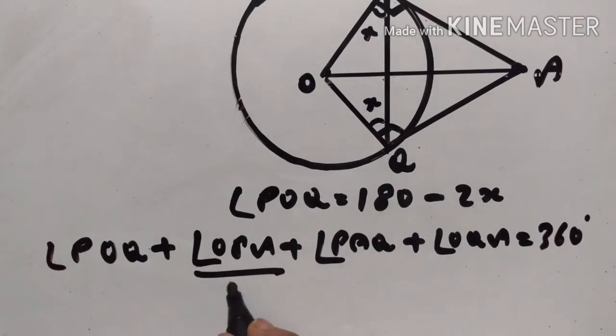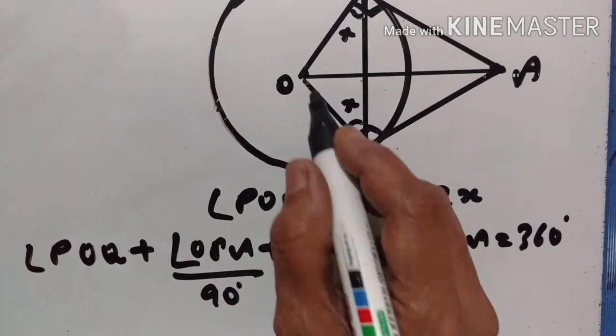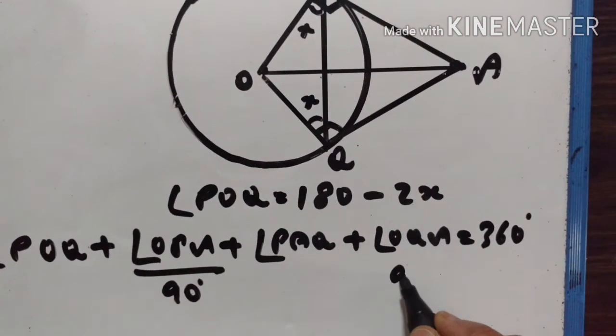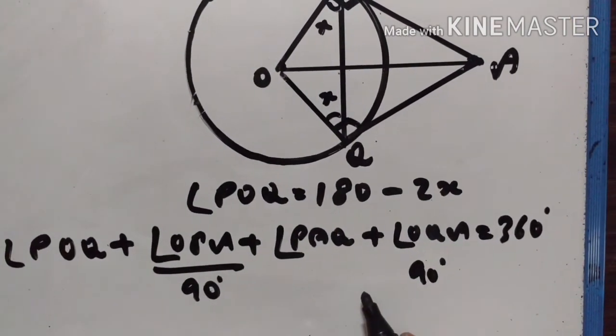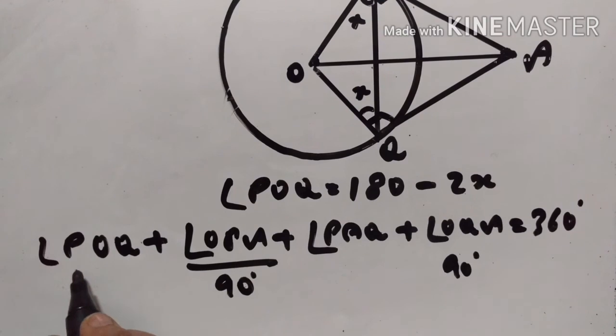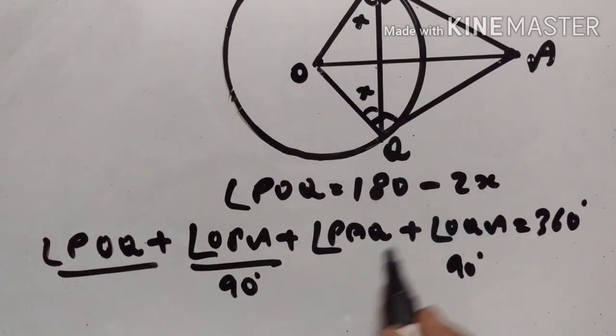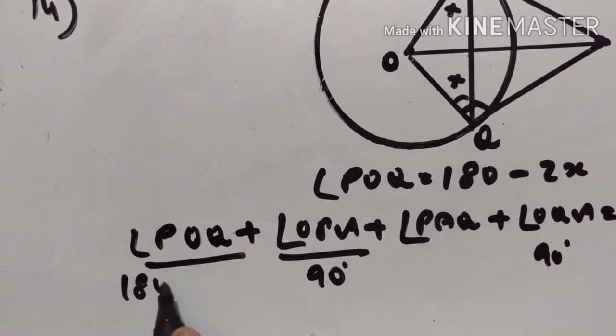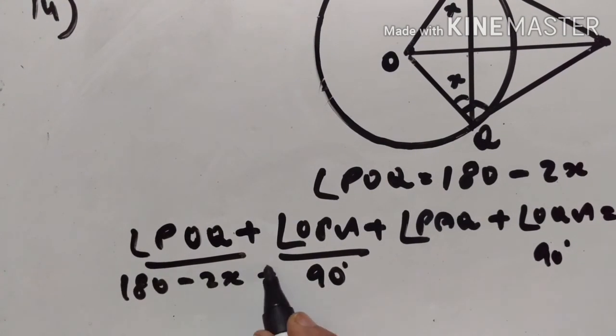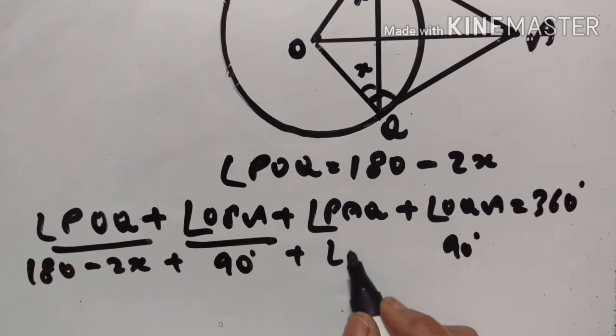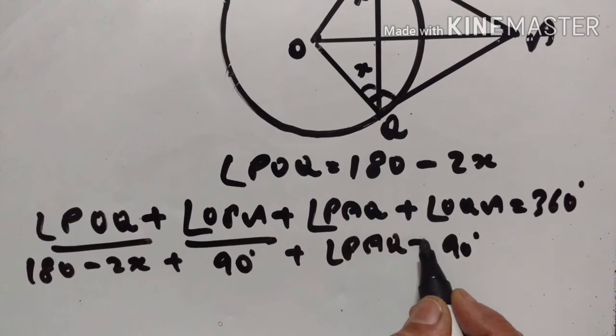Now OPA is equal to 90 degree and OQA is equal to 90 degree. Angle POQ is equal to what? Angle POQ is equal to 180 minus 2x.